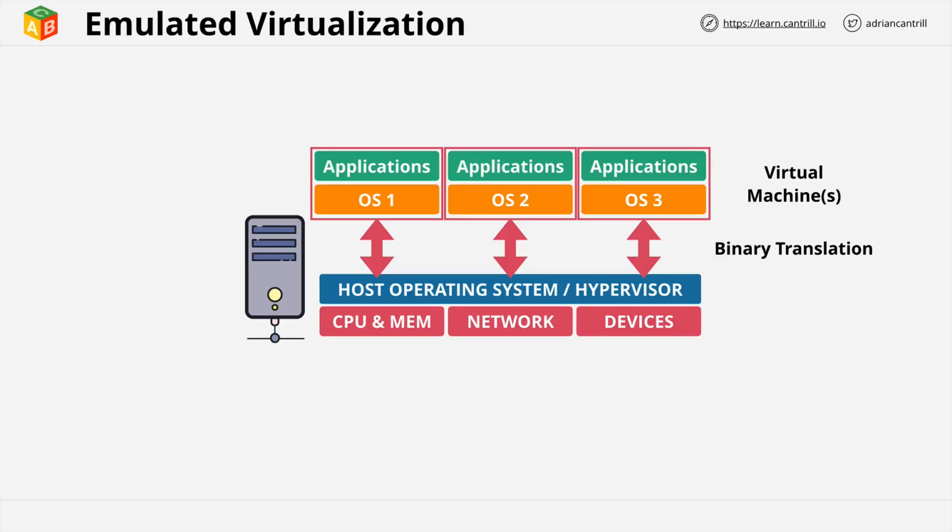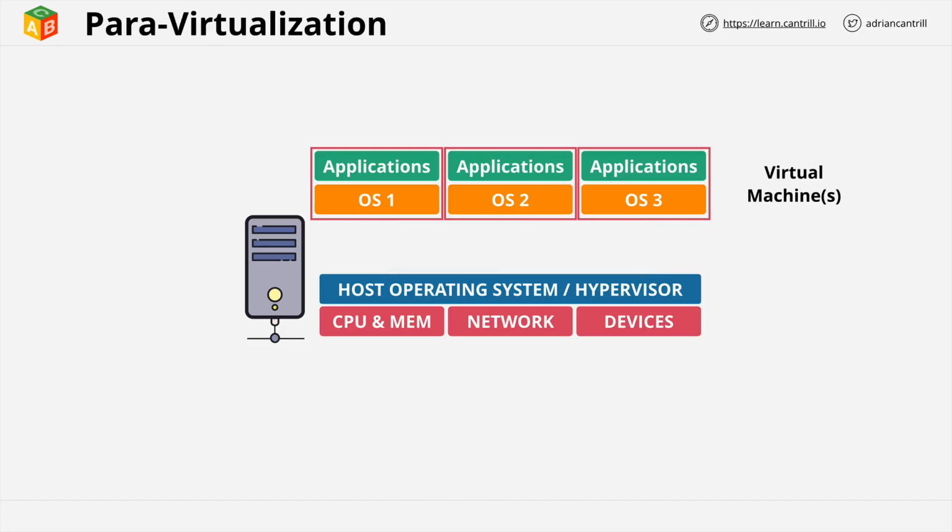It could actually halve the speed of the guest operating systems, or even worse. Emulated virtualization was a cool set of features for its time, but it never achieved widespread adoption for demanding workloads because of this performance penalty. But there was another way that virtualization was initially handled, and this is called paravirtualization.